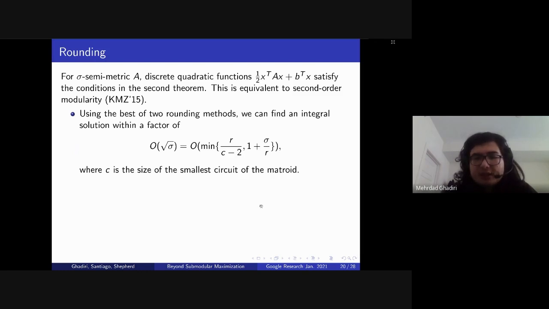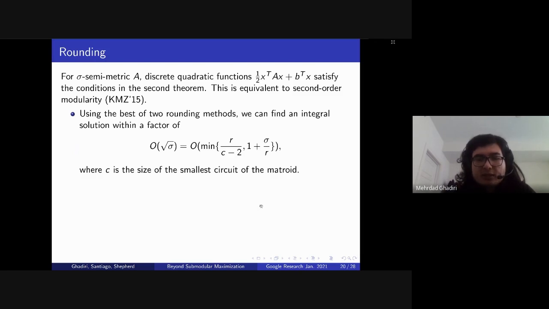Usually in many rounding methods in submodular optimization, the rounding is lossless, and we basically get the approximation factor that we got for the continuous phase. But here, this is not the case. Actually, there is no lossless rounding for these functions.